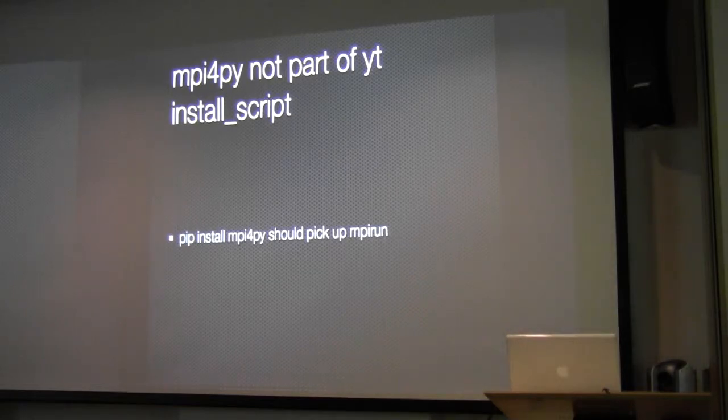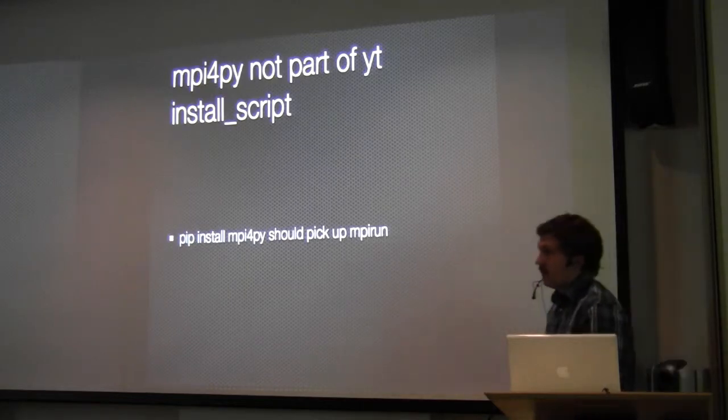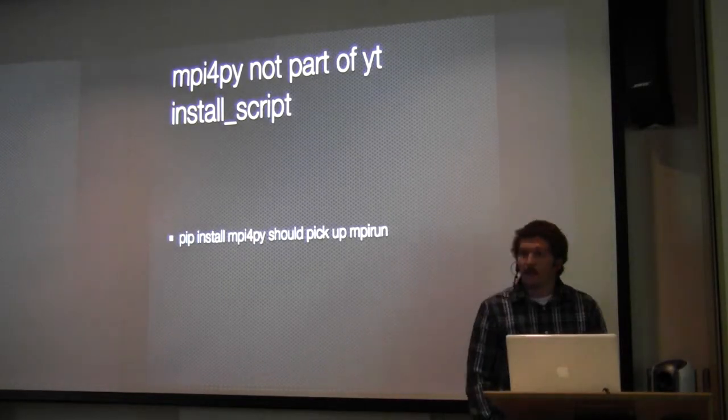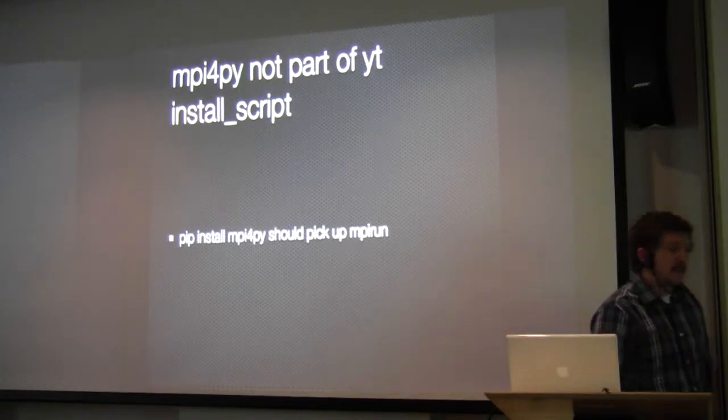If you don't have mpi4py installed already, I am fairly confident that if you have a Mac and you've installed pip, which it should be, you should be able to say pip install mpi4py, and it'll pick up your mpirun that is with the computer already set to go there. So I'd like everyone to give that a try.